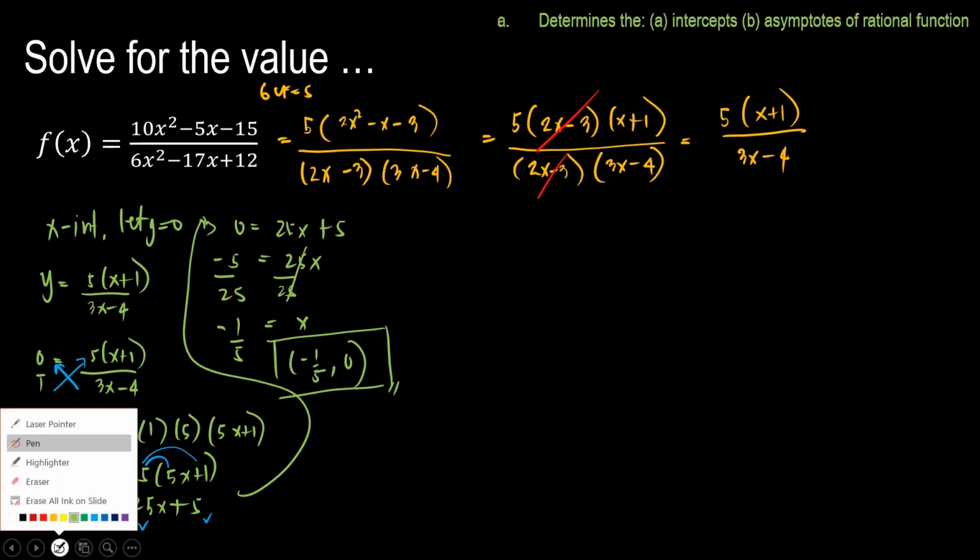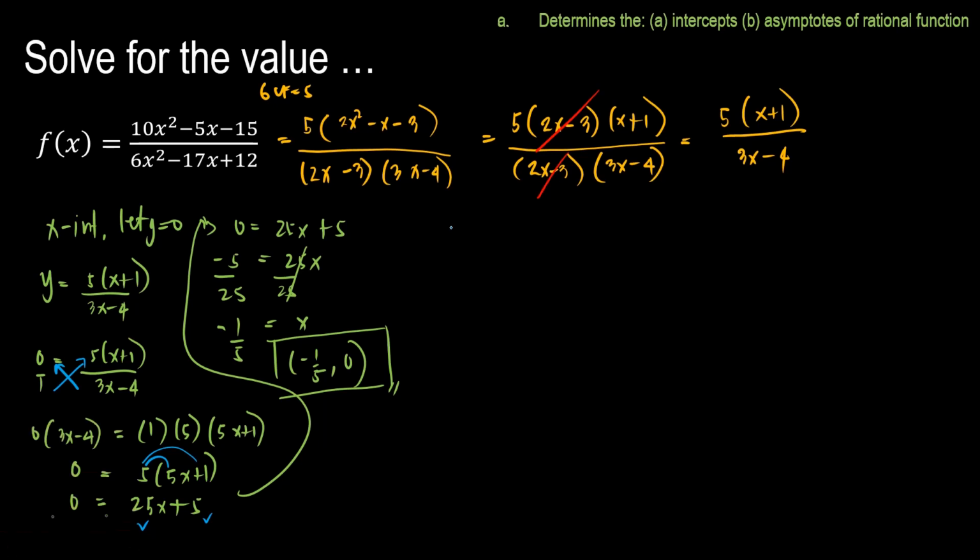Okay, now let's get the y-intercept. So y-intercept by letting x is equal to 0. Given that y is equal to 5, quantity x plus 1 all over 3x minus 4. So substitute lang natin si 0 sa variable x. So 0 plus 1 all over 3, quantity 0 minus 4.